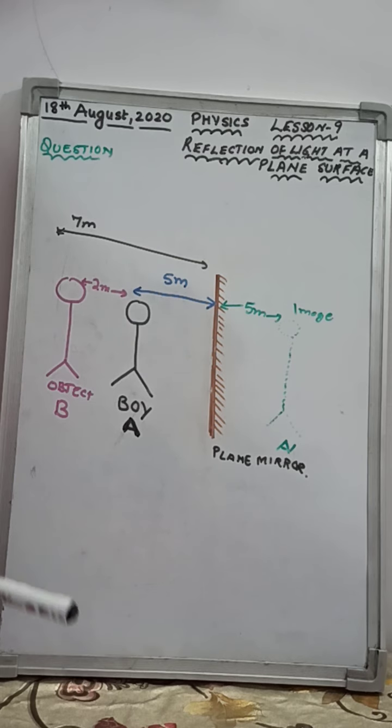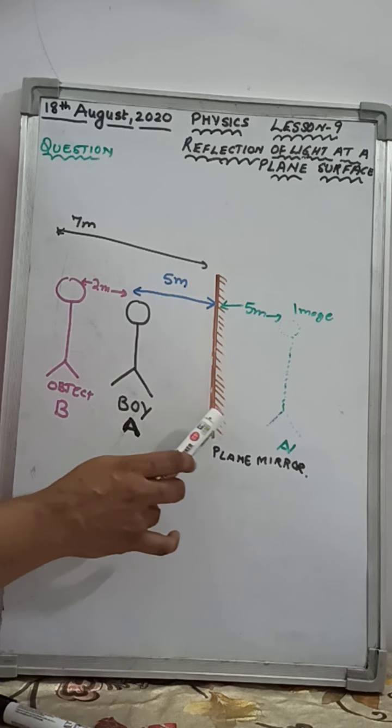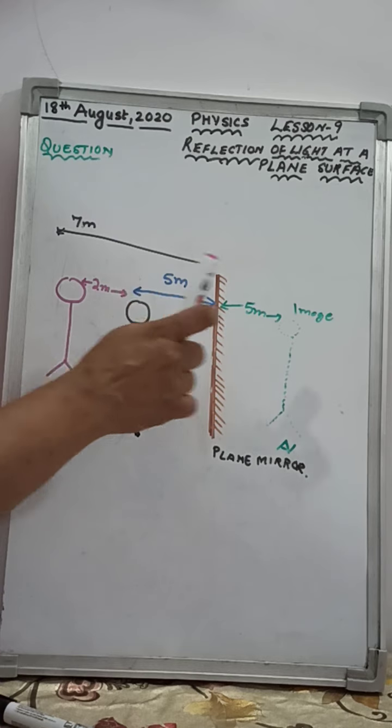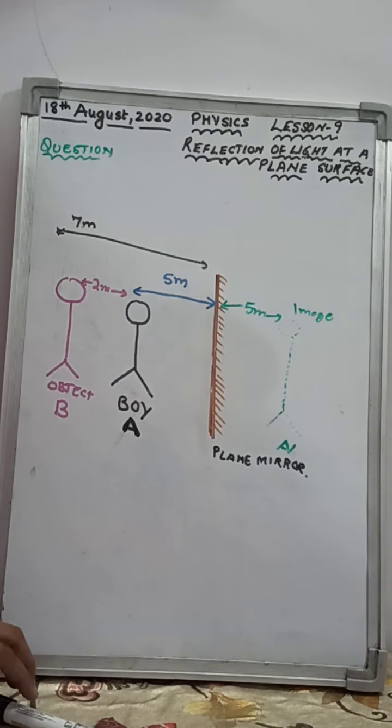So where will the image form? The object distance from the plane mirror is 7. So what we have learned in the characteristics, the image distance from the plane mirror will be 7 meter because the object distance is equal to the image distance.